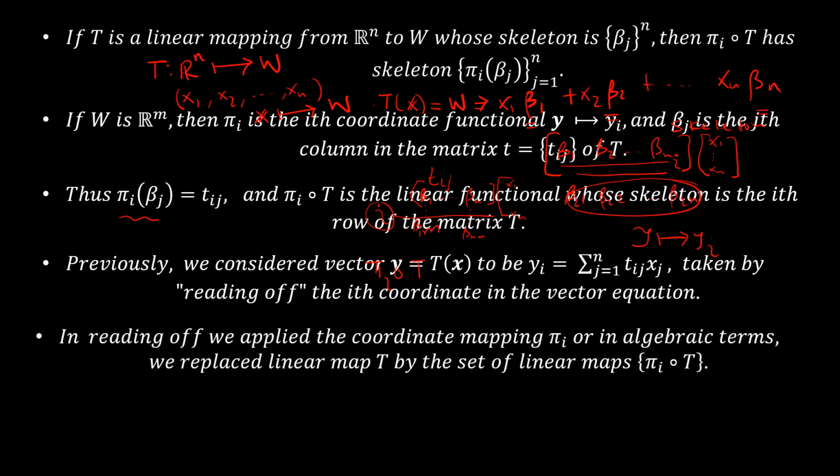Now that reading off, we applied the coordinate mapping pi i, or in algebraic terms, we replace the linear map T by the set of linear maps here. So we have a set of linear maps that constitute the matrix or the mapping that we're interested in.